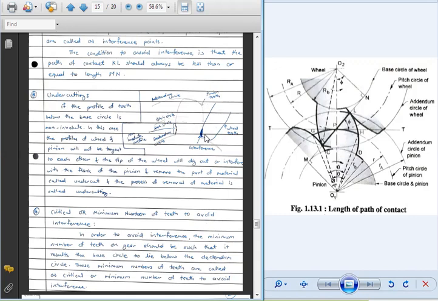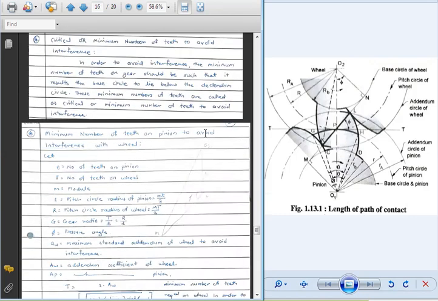Out of which the first methodology is nothing but the critical or minimum number of teeth to avoid the interference. If we have the minimum number of teeth on the pinion and on the wheel, then certainly we are going to avoid the interference. Let's see what exactly it is stating.